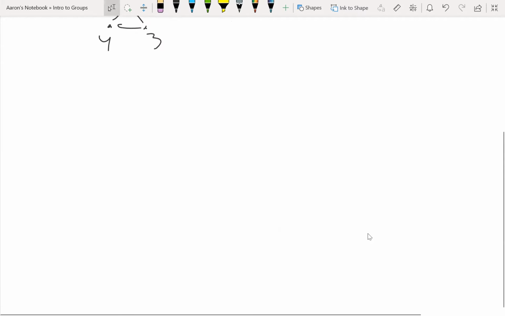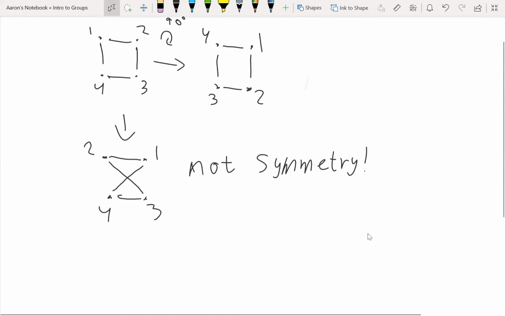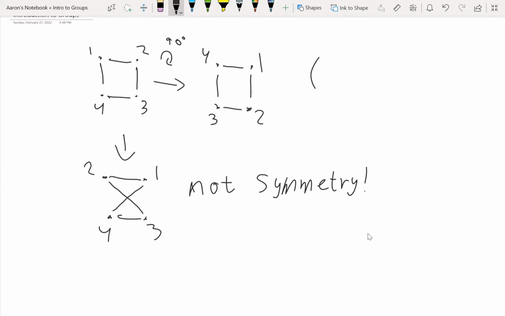Let's see. Got more space down here. Good. Okay. So the other lesson to be had here is that we have to choose what we're actually trying to preserve. So like this is a set of 4 vertices, right? This is the set of vertices 1, 2, 3, 4.